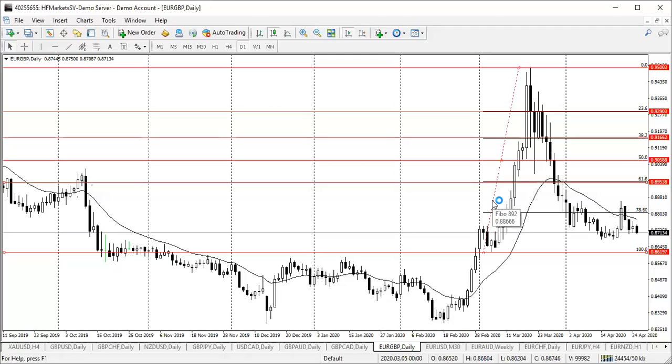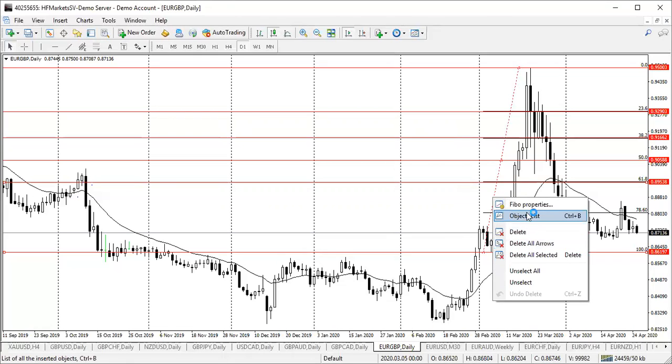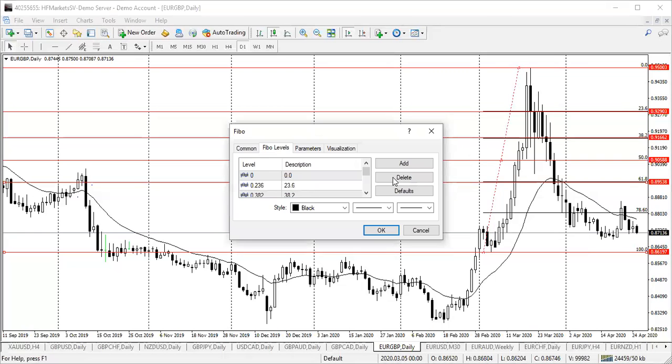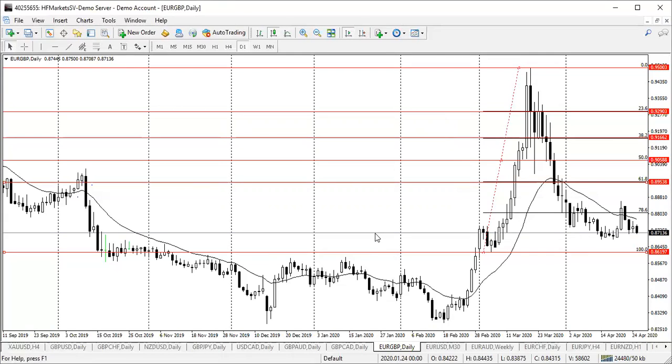Let me edit this thing. I'm not getting the best of it. I think there's still one or two more levels, but I will find it.